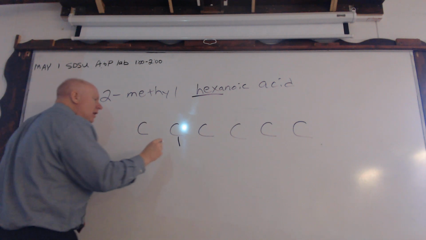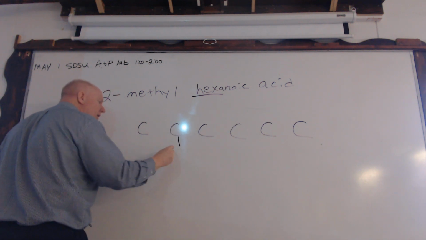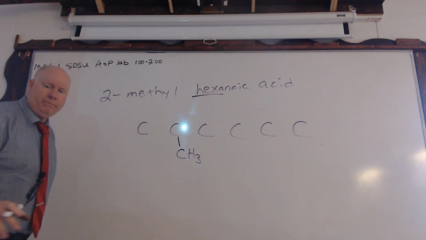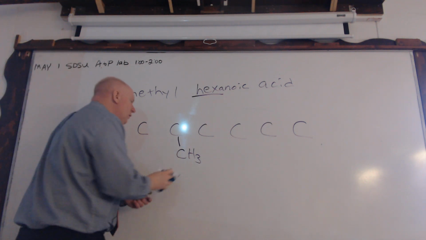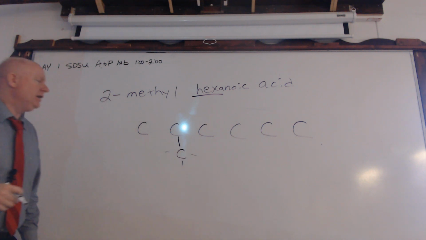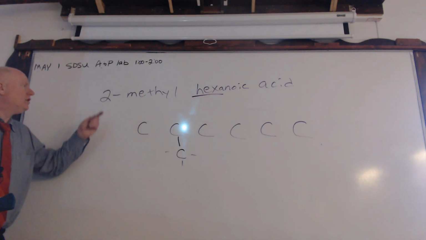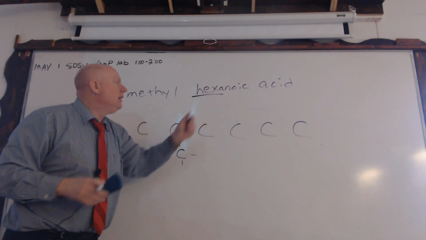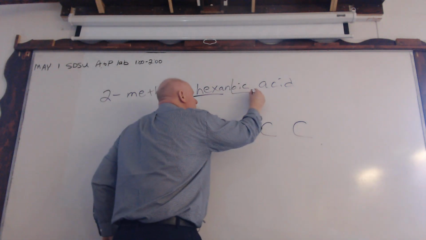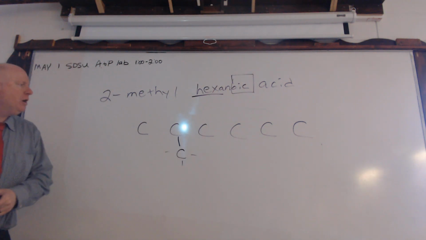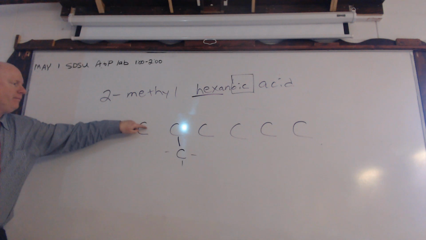CH3. You can write the molecular formula, which is this. That is a methyl group. Or if you want to do the structural type, you can do this as well. Those mean the exact same thing. So we've accounted for this. This specifically tells you something on the first carbon, which has to be this one now.